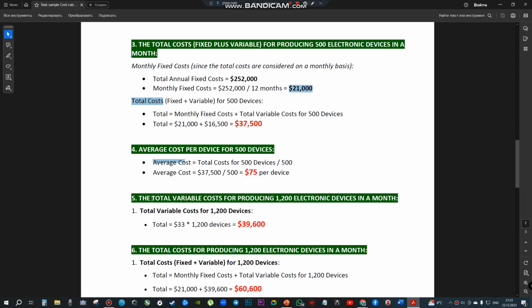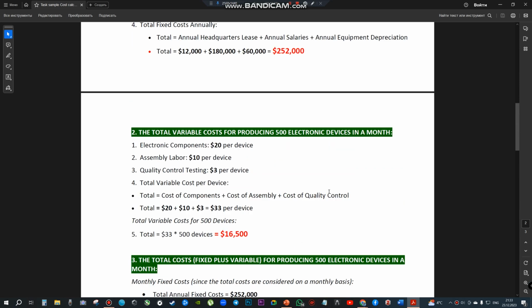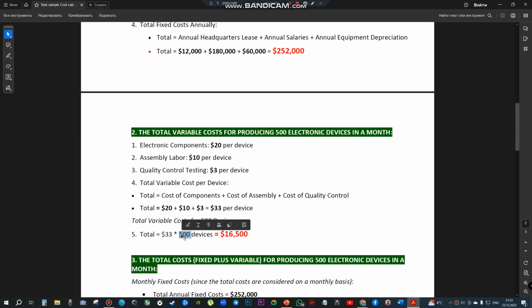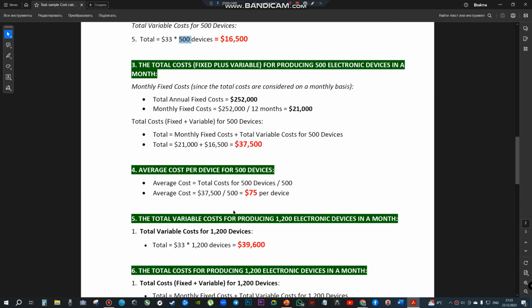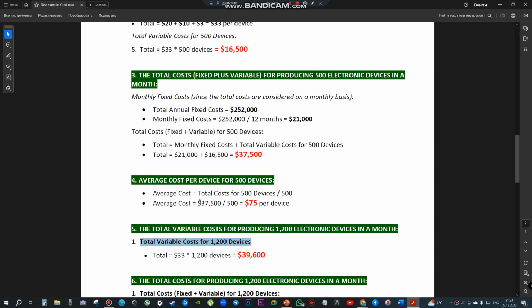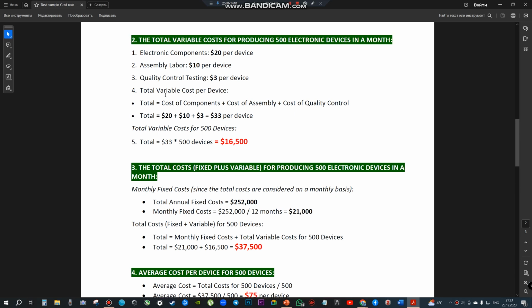If we're talking about the total variable cost for producing 1,200 electronic devices a month, pretty easy. It is absolutely the same process we ran through in step number 2, with one slight difference. There we had 500 devices, here we have 1,200 devices. You don't have to repeat all of the calculations again, since I know that you have done them within step number 2.